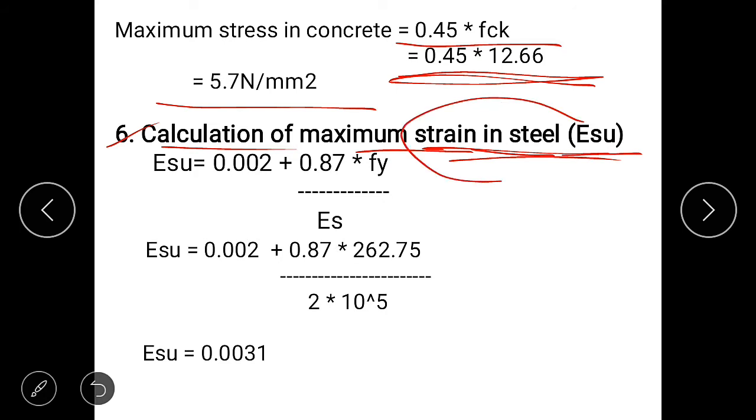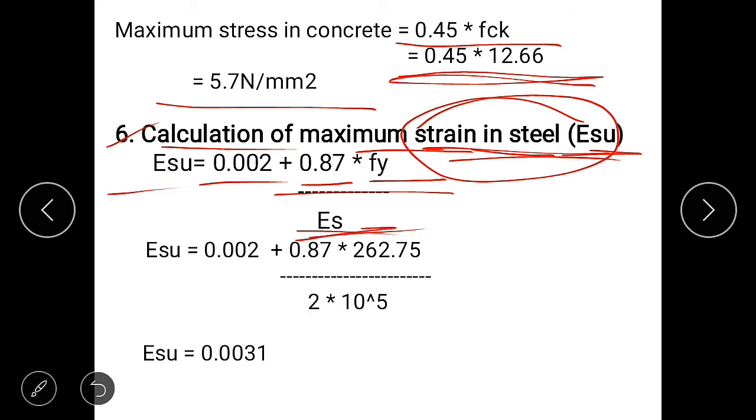So maximum strain in steel is epsilon su. Epsilon su formula is 0.002 plus 0.87 fy divided by Es. Modulus here is modulus of steel, so the value is 2 into 10 to the power 6.